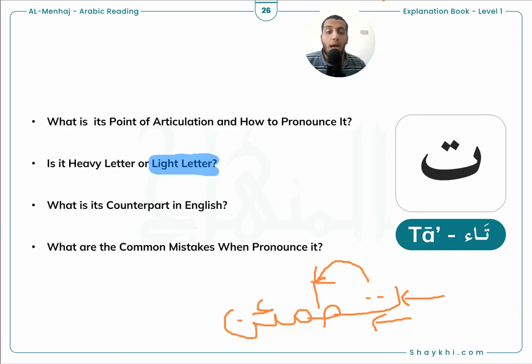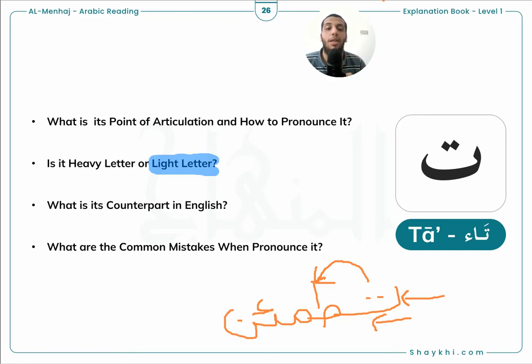تطمئن. Allah subhanahu wa ta'ala says الذين آمنوا وتطمئن قلوبهم بذكر الله ألا بذكر الله تطمئن القلوب.